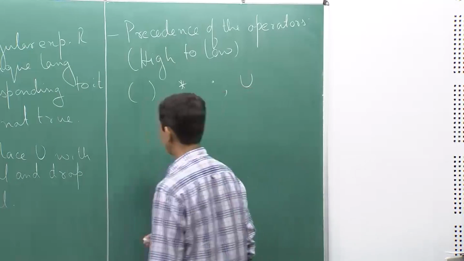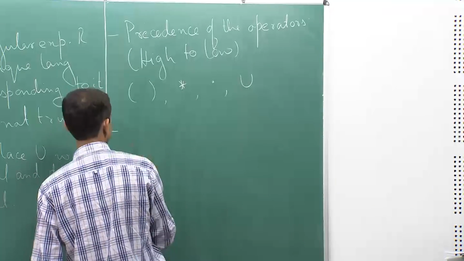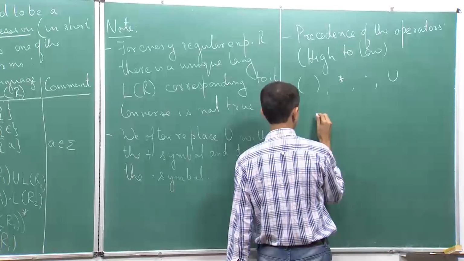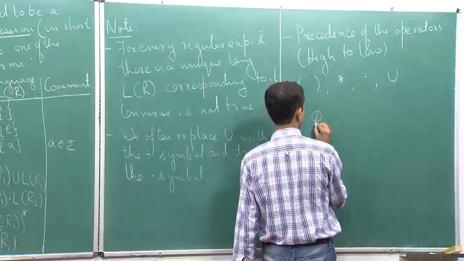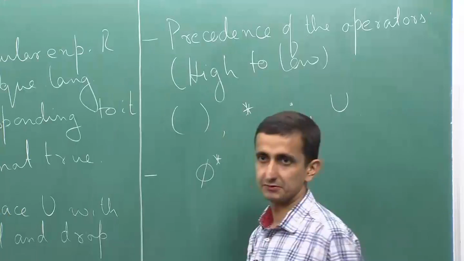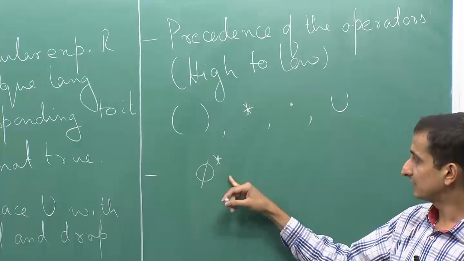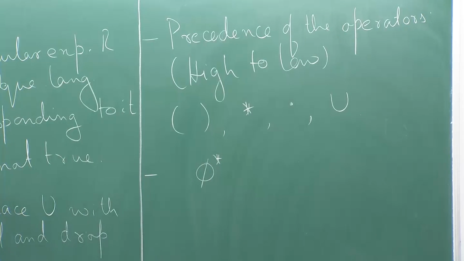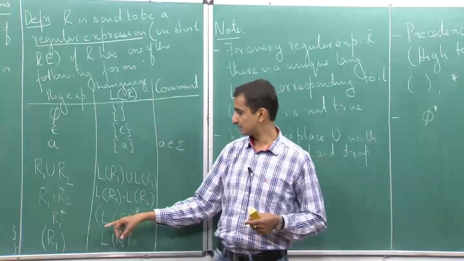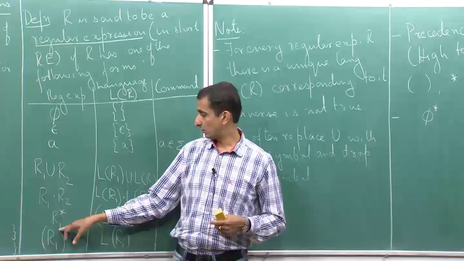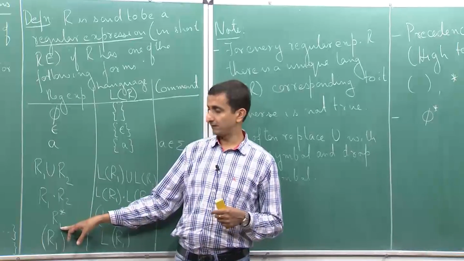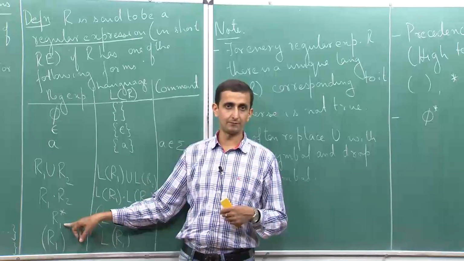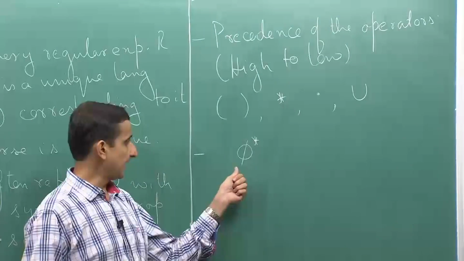And the last point that I want to make here is what is the language corresponding to the regular expression phi star. Okay. So, this is a very important point. So, what is phi star? If you look at the definition, when we have star of a regular expression, this basically is all strings that I can form by taking 0 or more strings from the language L of R1. In this case, L of phi is phi.